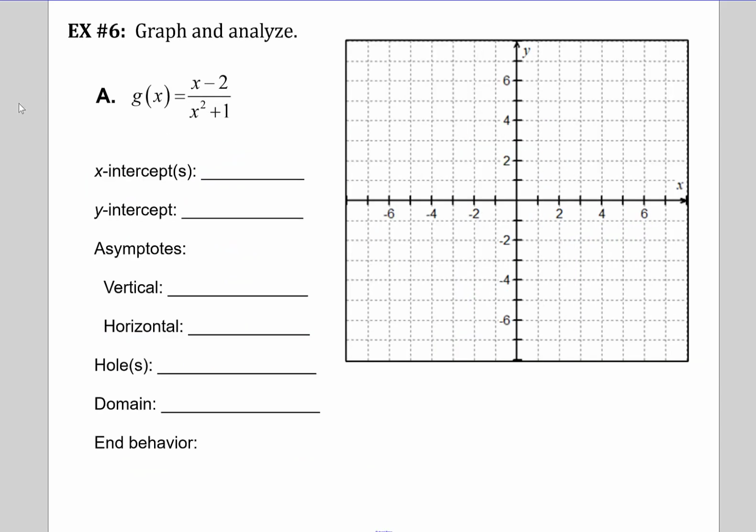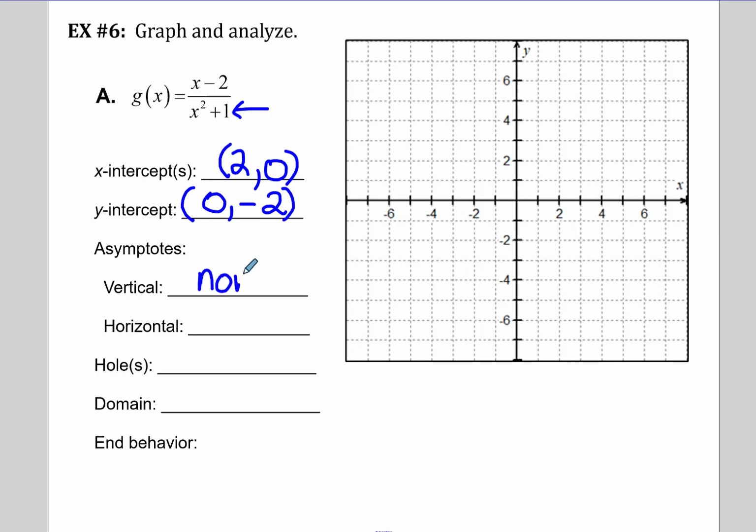Let's look at another interesting case here. So what makes the numerator 0 is our x-intercept. This comes from the numerator. The y-intercept is when we plug 0 into x. What do you get? And then the vertical asymptote, can this ever be 0?